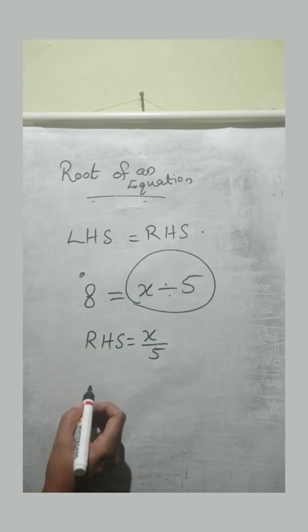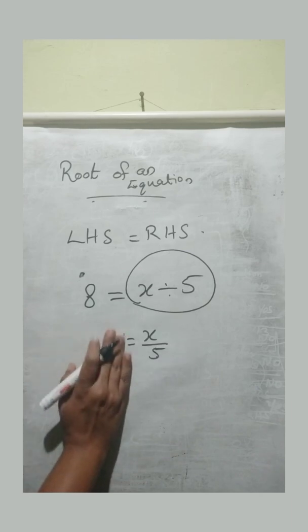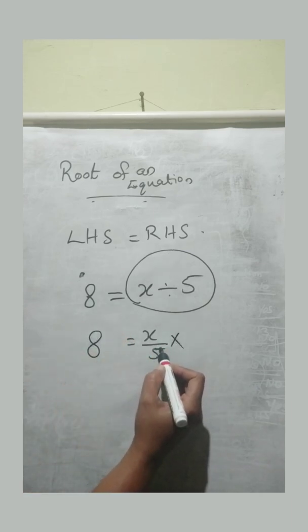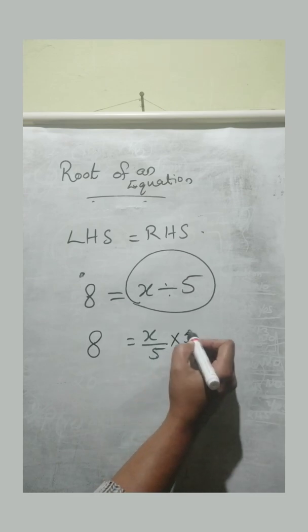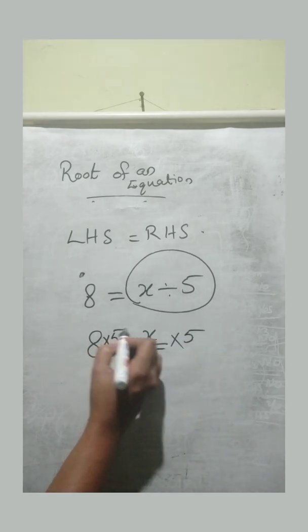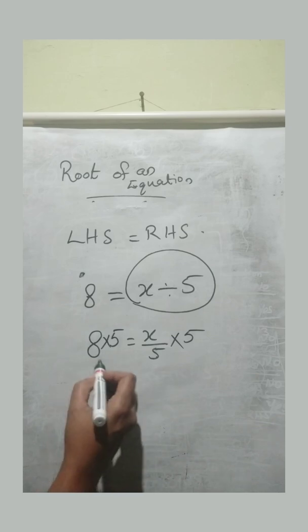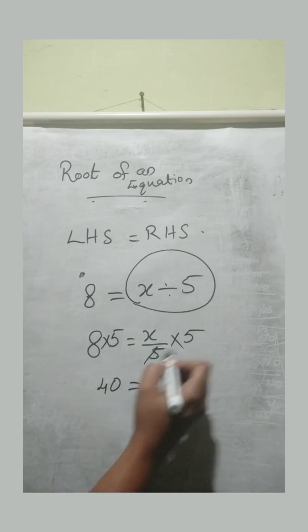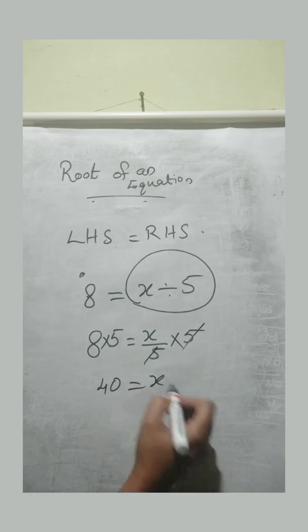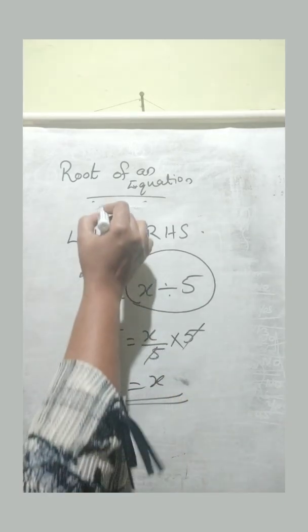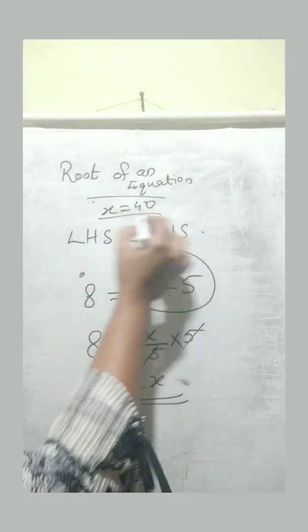We can cancel this 5 by multiplying by 5 on both sides. Then 8 times 5 is 40, and this 5 and this 5 cancel, leaving x. So we got x equal to 40 for this equation.